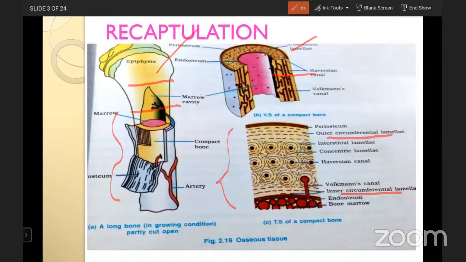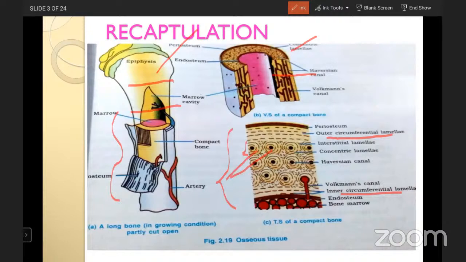And here we are observing the round structures which are known as the Haversian system or osteons, surrounded in a concentric manner. Those are called the concentric lamellae. Between the two Haversian systems, the lamellae portion is known as the interstitial lamellae.